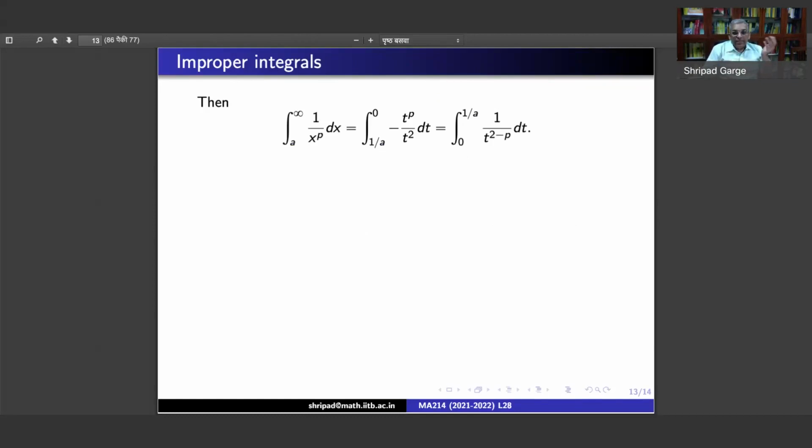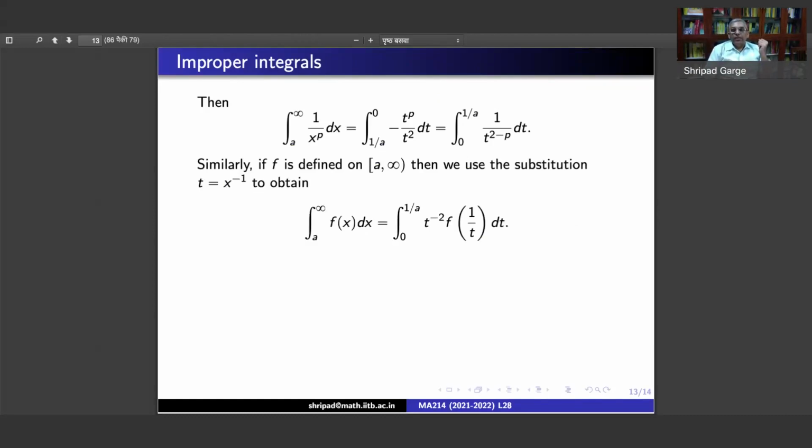In fact, if you have any such function defined on a to infinity, then we apply this substitution and obtain that the integral a to infinity f(x) dx is integration 0 to 1 upon a of t to the minus 2 times f of 1 by t dt. So this is how you would work if your right endpoint is infinity, and 0 to 1 upon a is a finite interval. You have a very well behaved function and you can compute its integration there.